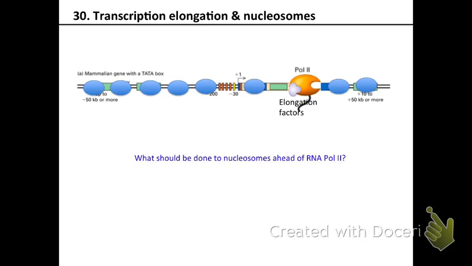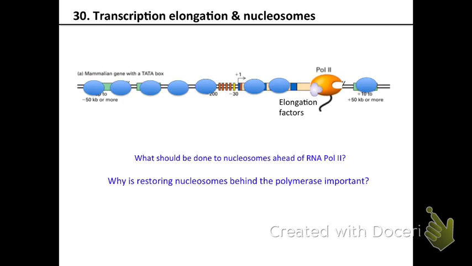As the nucleosomes need to be removed, they get removed from the front and then put back behind the RNA polymerase, so the RNA polymerase can continue. This is really important. When the RNA polymerase passes, you restore the original chromatin state behind the polymerase. Does anyone have an idea why restoring nucleosomes behind the polymerase might be important? Why do you want to put them back behind?